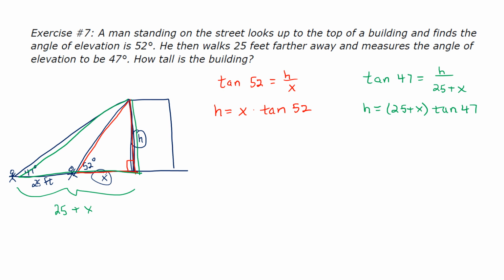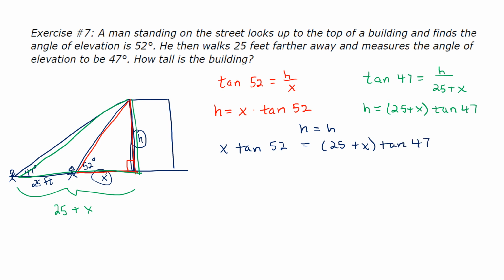Both of these expressions equal h. Well, since I know h equals h, I can set both of these expressions equal to each other. So x times the tan of 52 equals 25 plus x times the tan of 47.